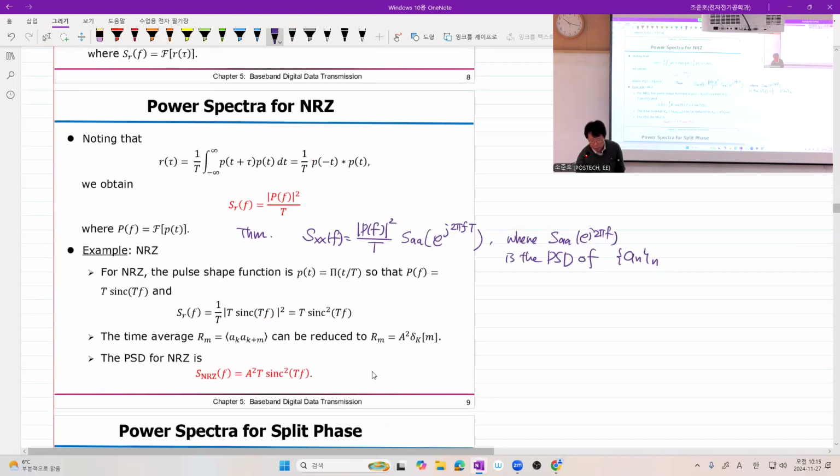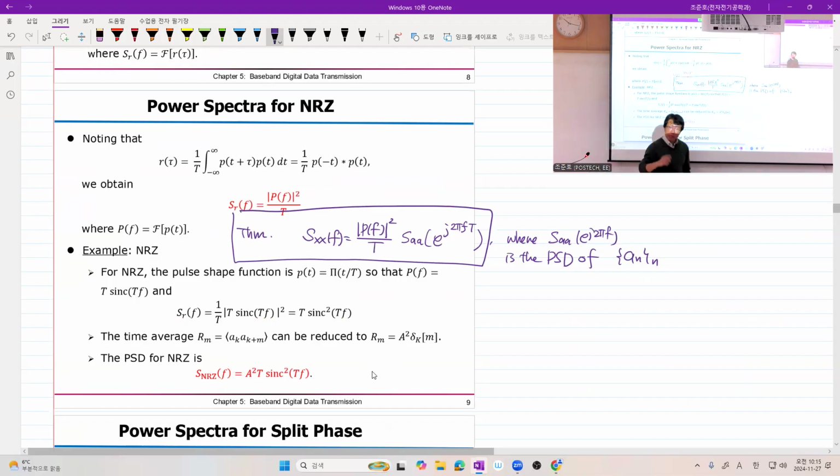So this is the theorem. The power spectral density, mathematically speaking, of the output of the line encoders may always be written in this form. So here first you have 1 over capital T, which is the transmission rate of the pulse.